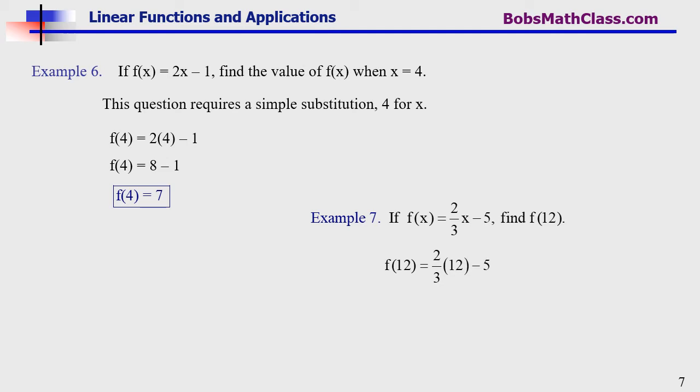You can put a 1 under the 12 and then do some reducing. You can use your calculator. So 3 goes into 12 4 times, and then 2 times 4 is 8. Or you can multiply 2 times 12 first, that's 24, and then divide it by 3, which is 8. Either one. Then you could subtract 8 minus 5, which is 3. So that's our final answer. F of 12 equals 3.